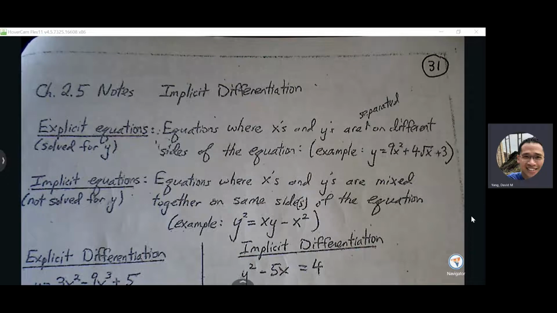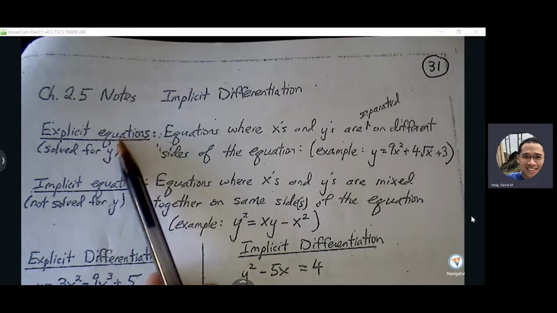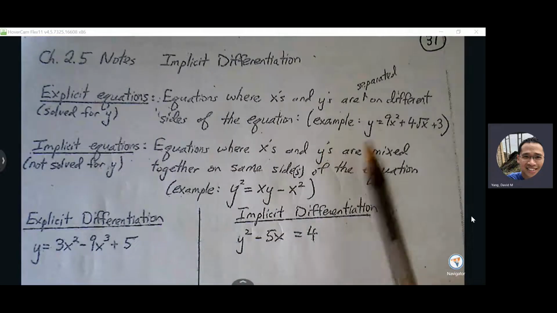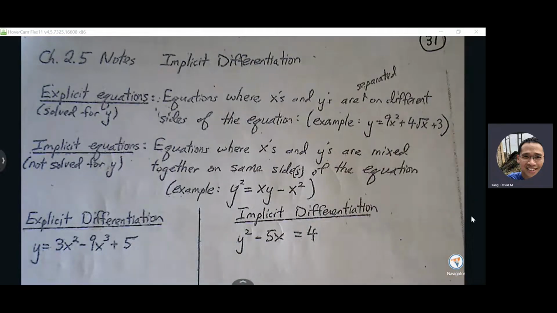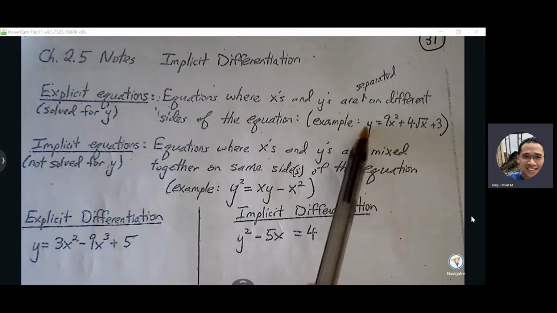Everything that we've seen so far in terms of equations has been these explicit equations. We call them explicit because they are explicitly solved for y. So everything that we've been working with so far has been nice, clean functions in the sense that your y's and x's are never mixed within each other. You never see anything done to the y.